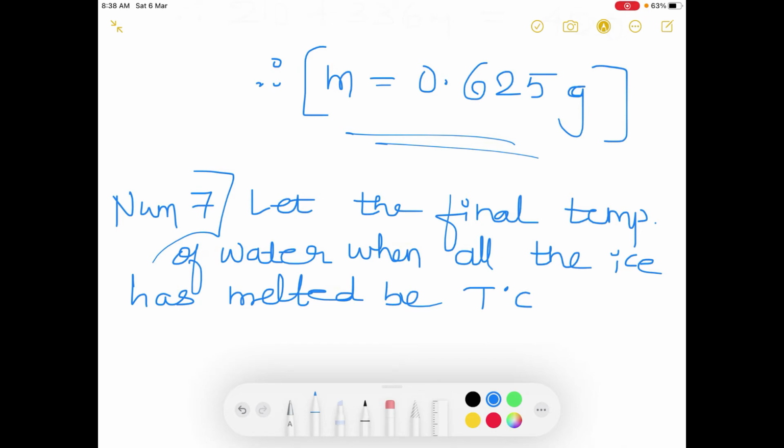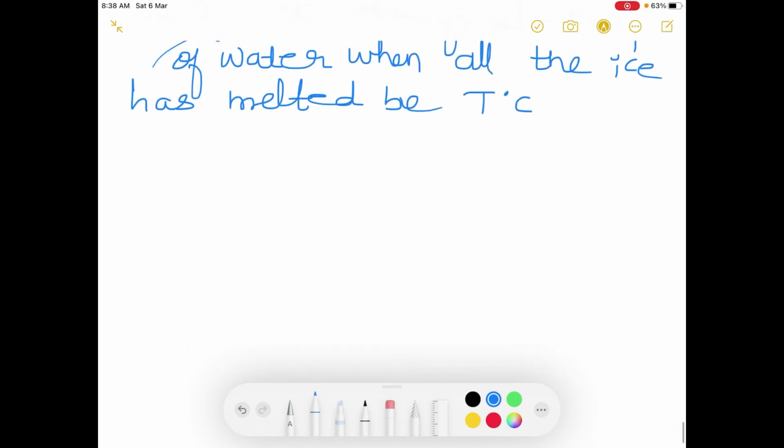Then calculate step by step. Amount of heat lost when 200 gram of water which was at 50 degree Celsius cools down to T degree Celsius. The water is at 50 degree Celsius, and when we add ice the temperature will decrease, and we get the final temperature T degree Celsius. Since the temperature changes within the same state, we first find the heat energy using mc delta T.